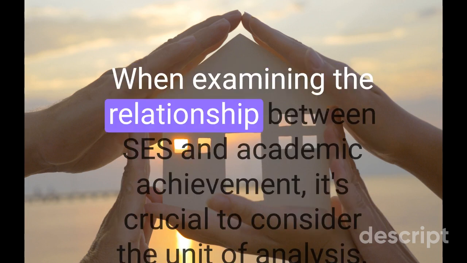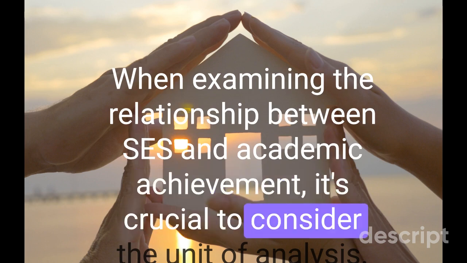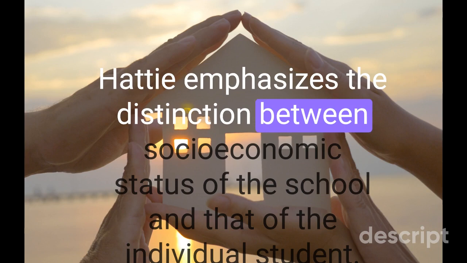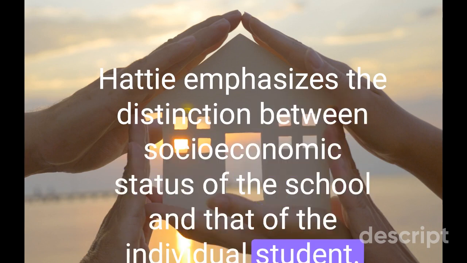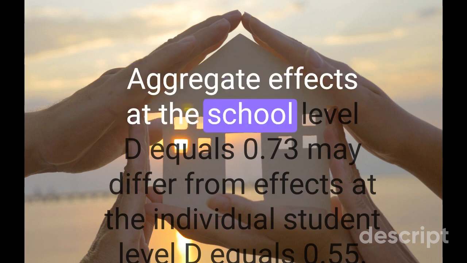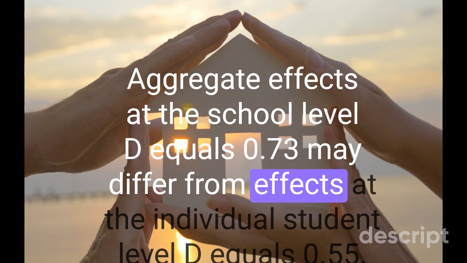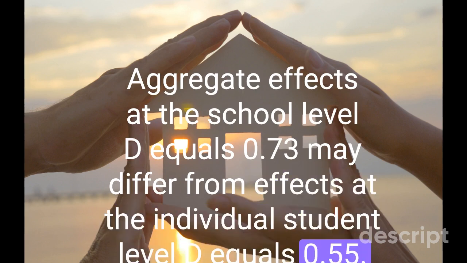When examining the relationship between SES and academic achievement, it's crucial to consider the unit of analysis. Hattie emphasizes the distinction between socioeconomic status of the school and that of the individual student. Aggregate effects at the school level, d equals 0.73, may differ from effects at the individual student level, d equals 0.55.